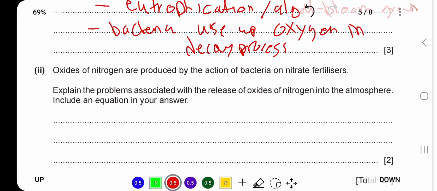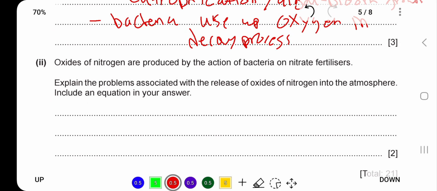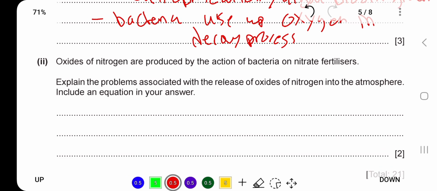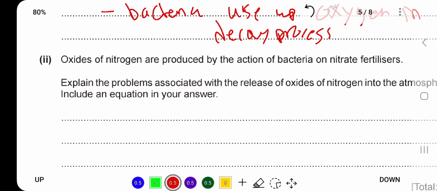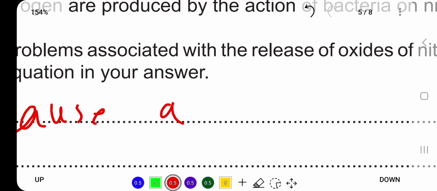Anyway, oxides of nitrogen are produced by the bacteria in nitrate fertilizer. Explain the problems associated with the release of nitrogen oxides into the atmosphere, include an equation in your answer. So what do oxides of nitrogen actually do? They will cause acid rain.